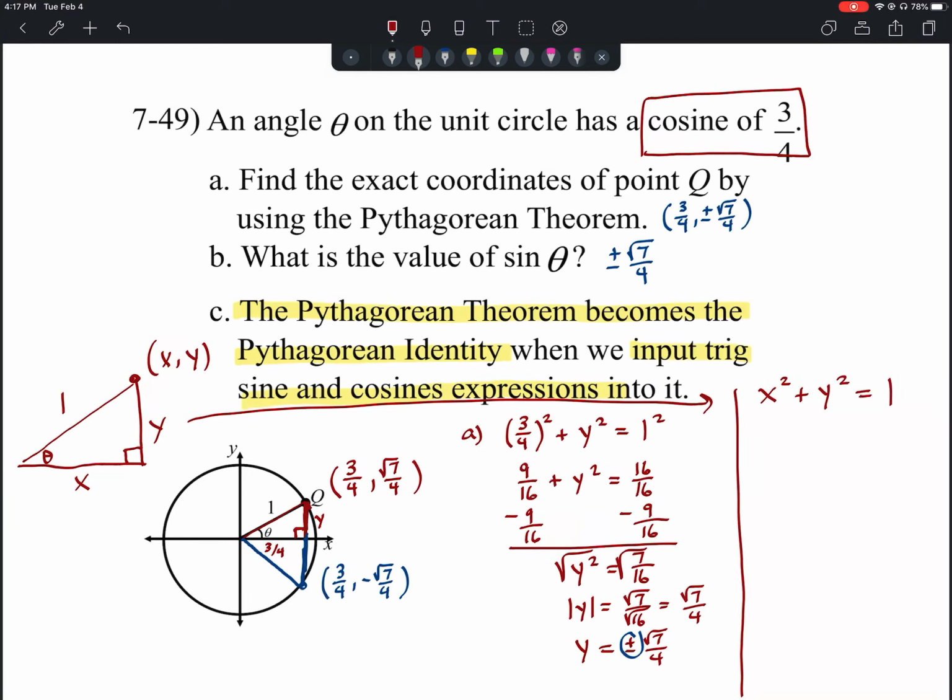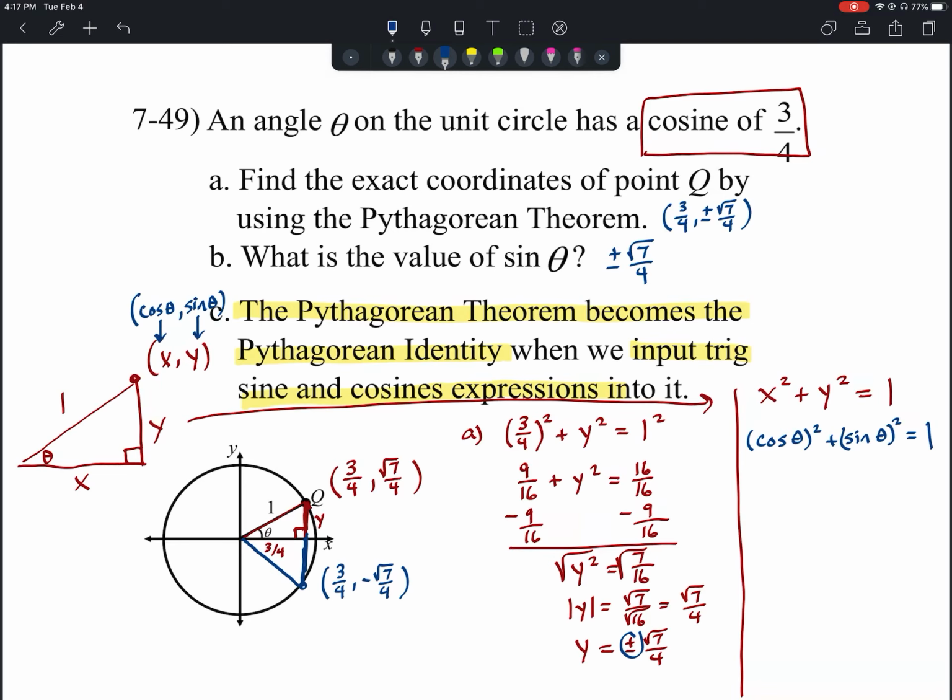Right? Now, we also said here that we can find that x coordinate by doing the cosine of theta, and we can find the y coordinate by doing the sine of theta. So these could be substituted in here. So if we did that, we could say this is the cosine of theta squared plus the sine of theta squared equals 1 squared, which would still be just 1.